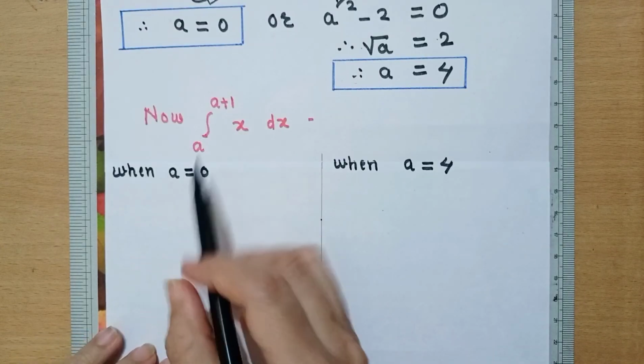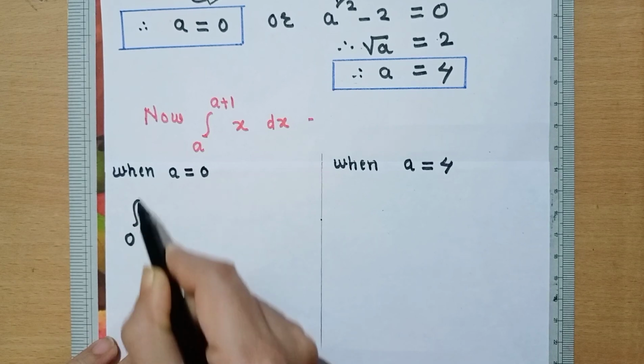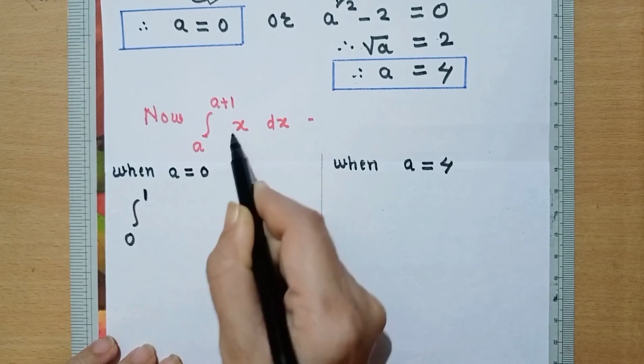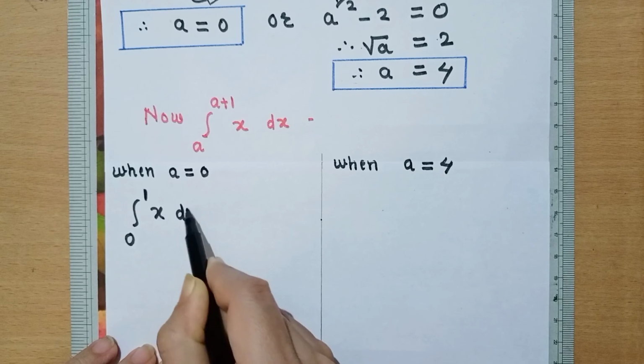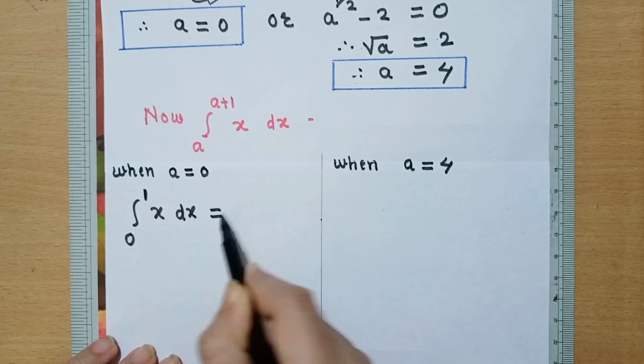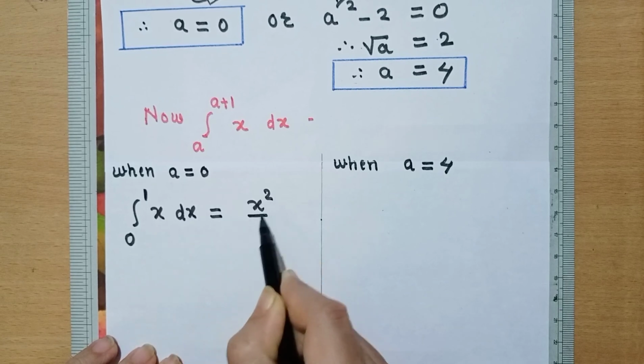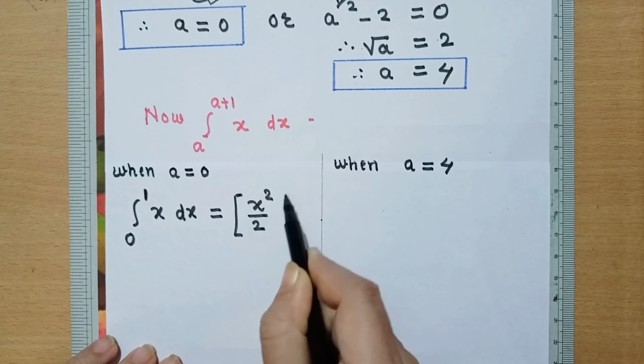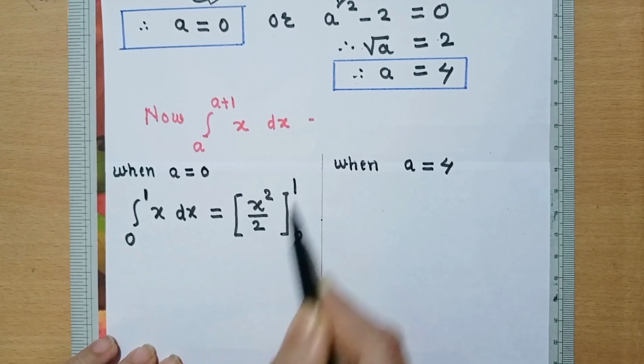When a equals 0, here we will write 0, and 0 plus 1 is 1, and x dx, and again the integration of x is x square by 2, and we will write the limit here 0 to 1.